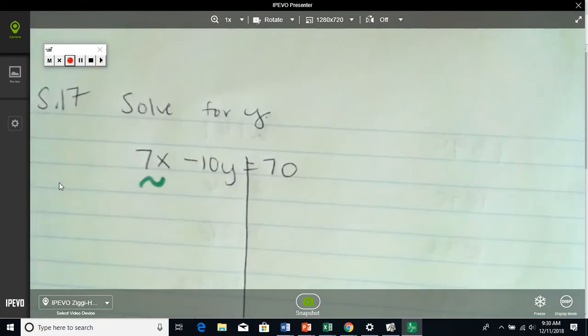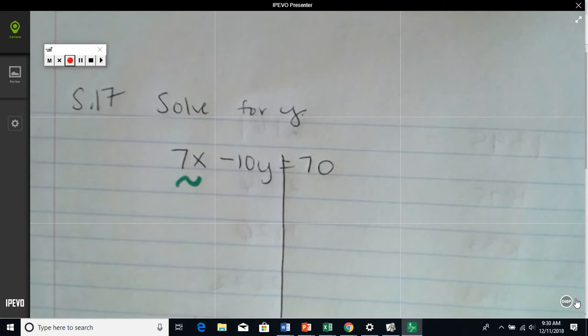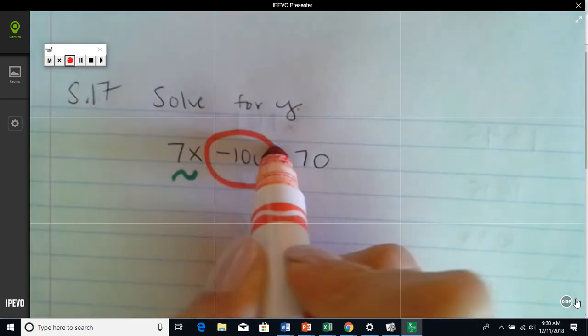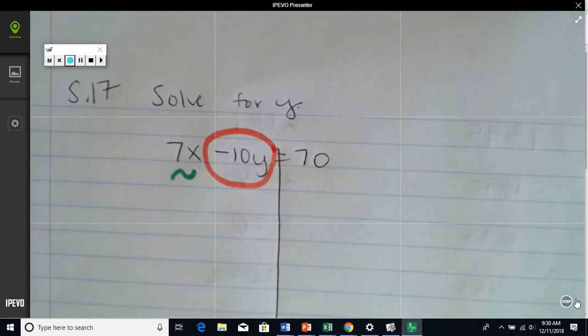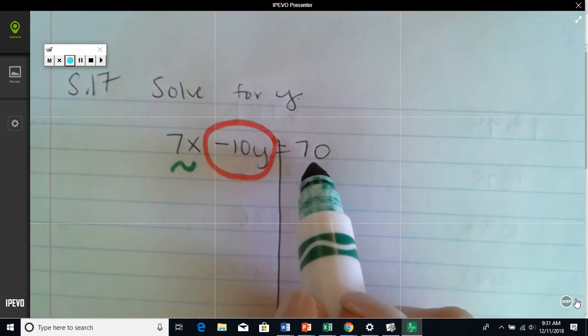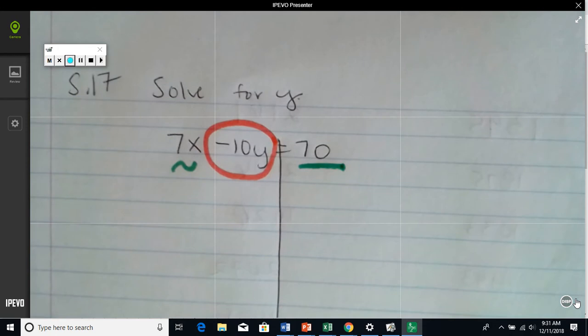What do I do with the 10y? Circle, very good. Now make sure you circle everything because that's a negative. It's a minus symbol making the 10 a negative 10. And then 70, back to Hadil's table, somebody else? Underline the 70.